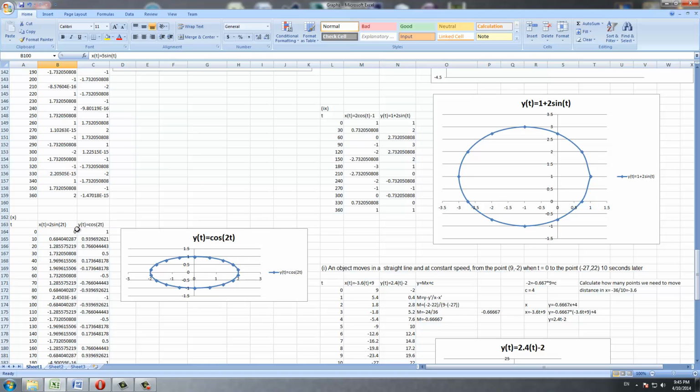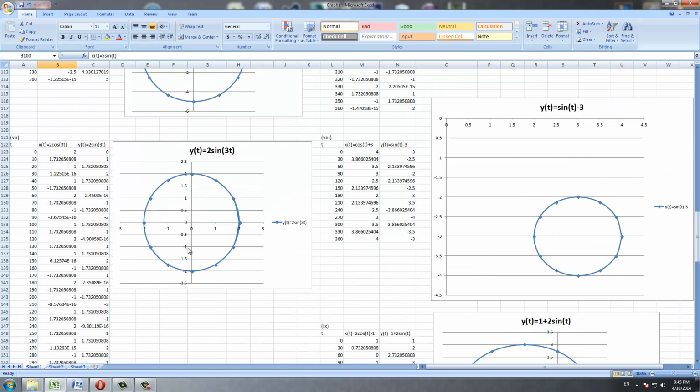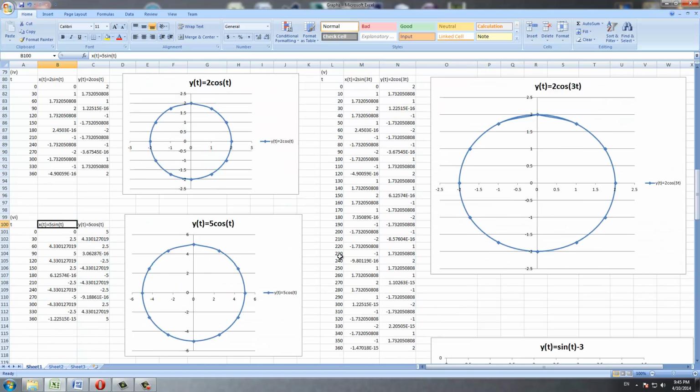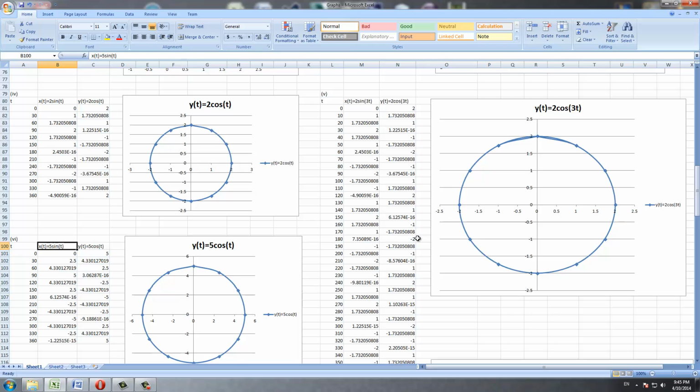So I have 2 sine of 2t and 1 cosine of 2t. As you can see, 2 sine gives me from -2 to 2, but the cosine gives me from 1 to -1. So this will create an ellipse. So that's how I control the radius: I multiply sine or cosine by a scalar.